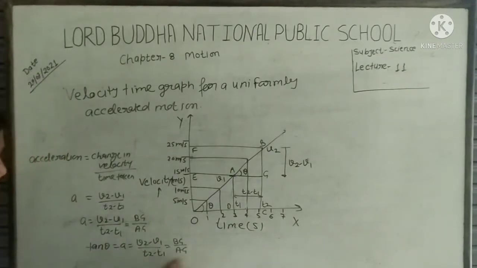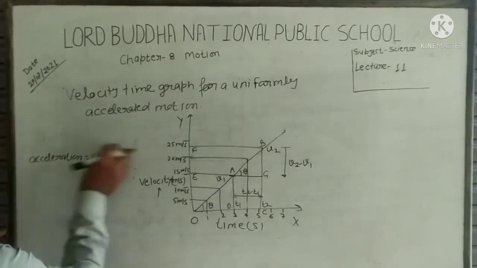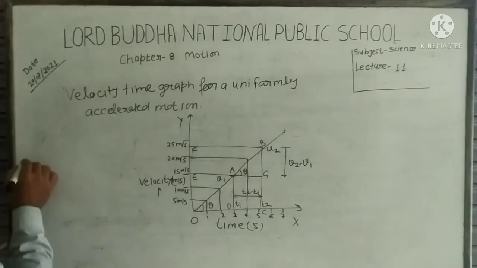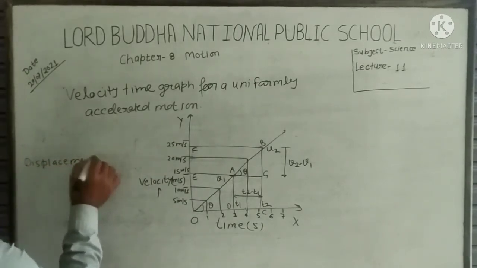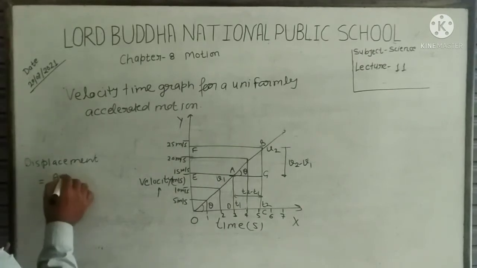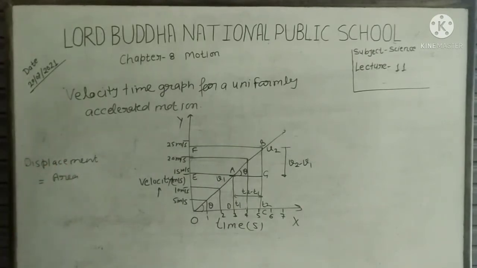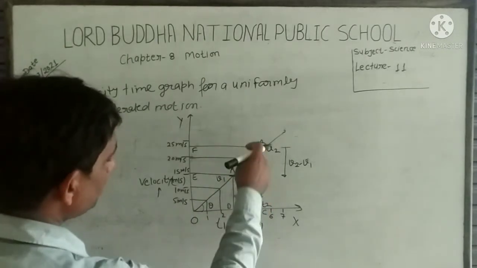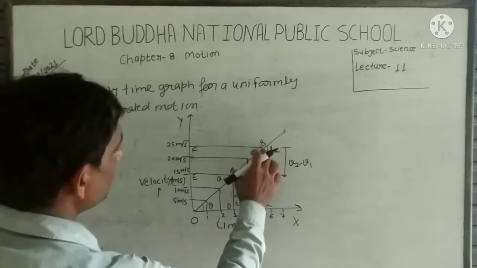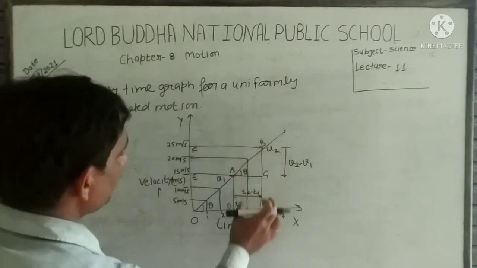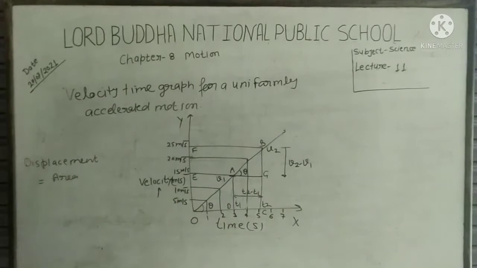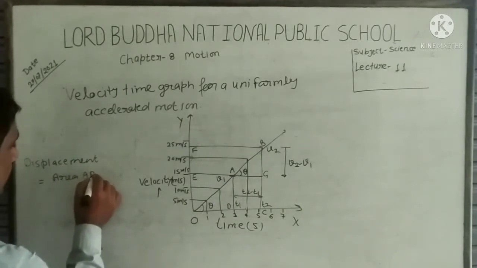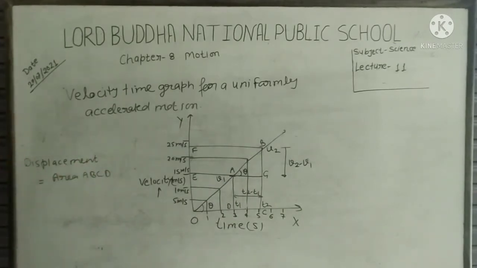Displacement equal to area under the velocity time graph and time axis for velocity v1 to v2. We take it ABCD.